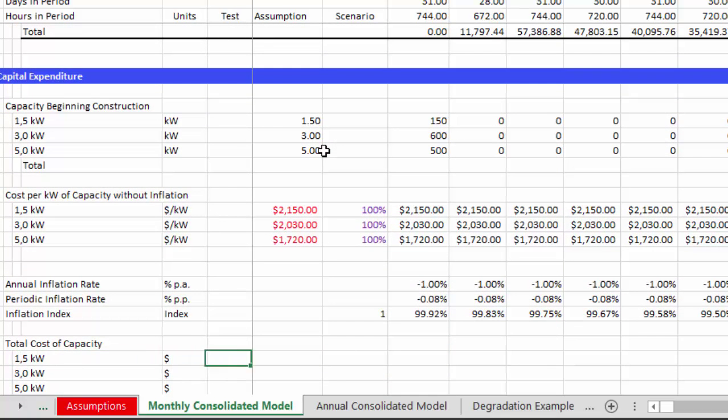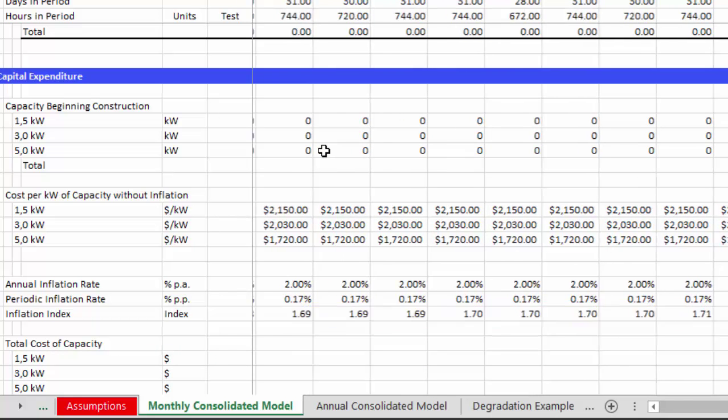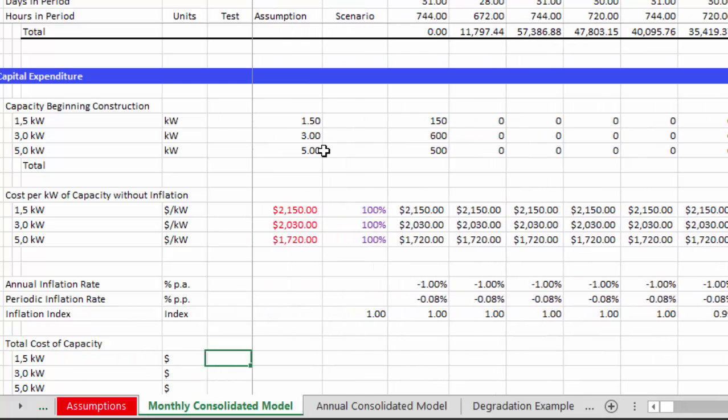So now we can put in the total cost of our capacity. Maybe this should have been Shift Control 1, and we just put of course, our cost and multiply it by the inflation index, and make sure you press the F4 key the right number of times here.